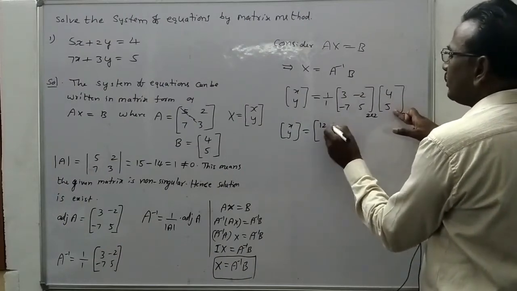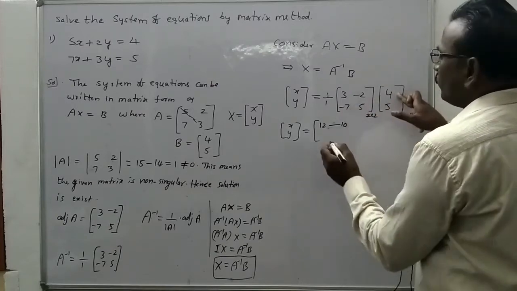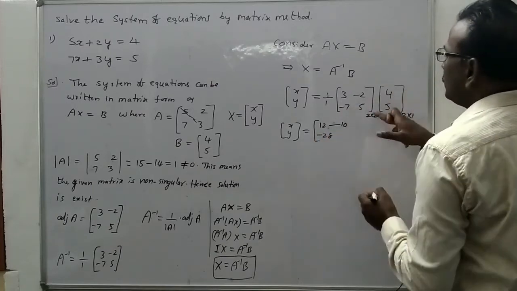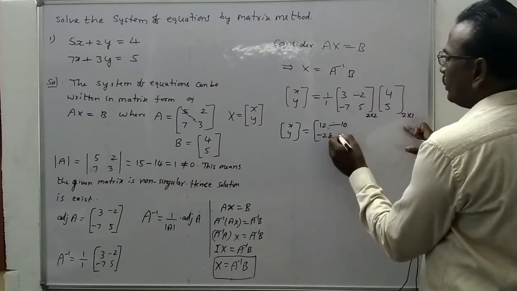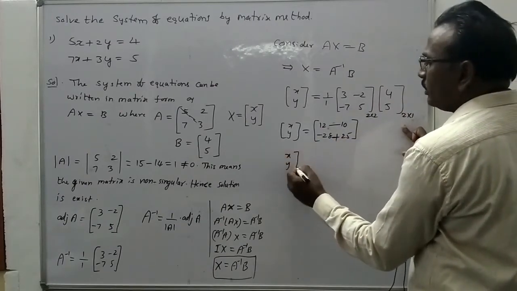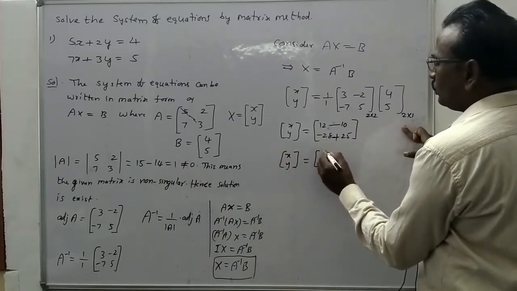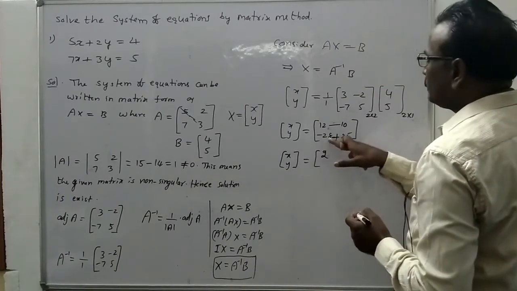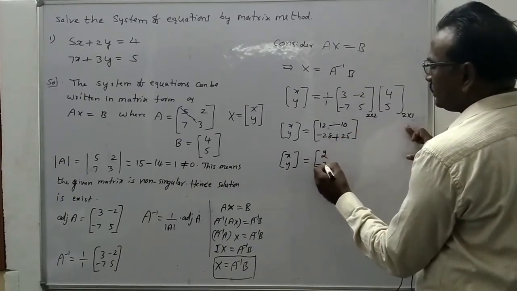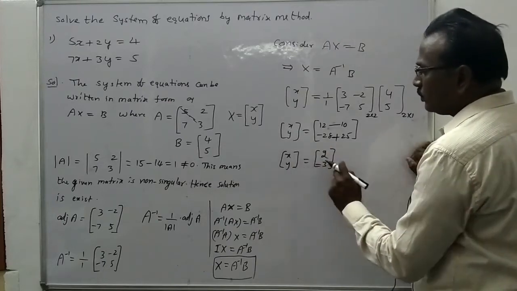Second row with first column: minus 7 into 4 is minus 28 plus 5 fives are 25. So XY is equal to 12 minus 10 is 2 and minus 28 plus 25 is minus 3. By equality of matrices, x is equal to 2, y is equal to minus 3.